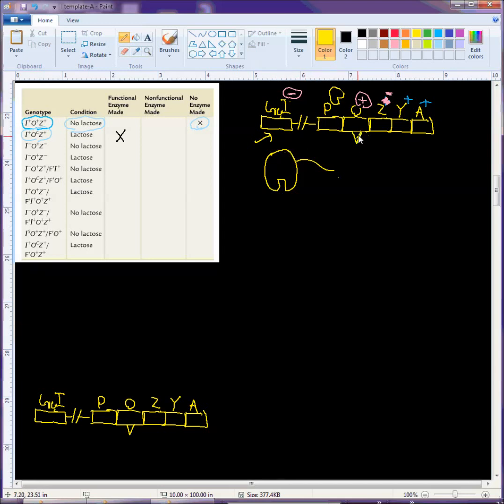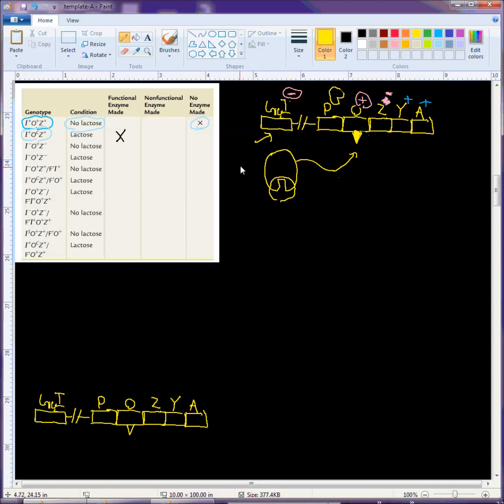The operator is the wild type, so we have the lac I repressor binding site, but because this is the lac I mutation, it's never going to bind here. So no lactose, the lactose binding site is unoccupied. It doesn't matter whether there's lactose there or not. This can never bind the operator.